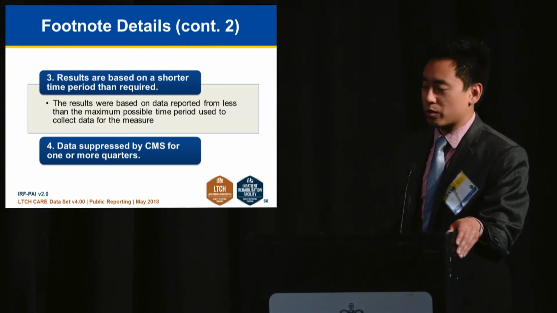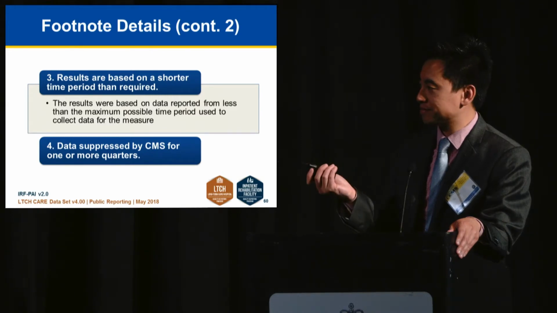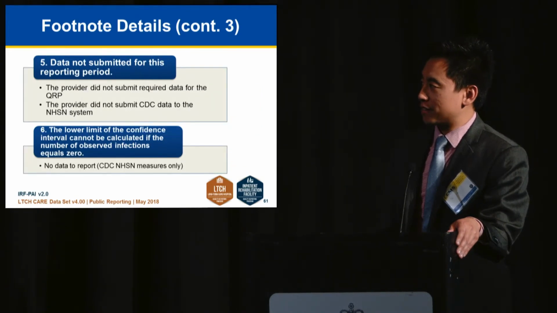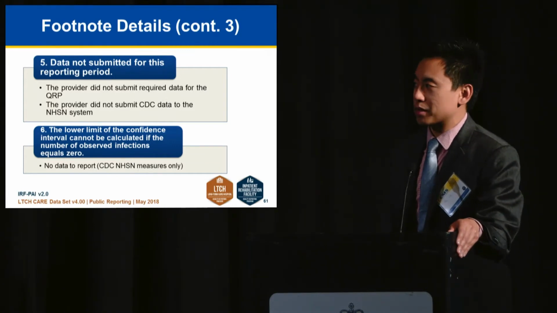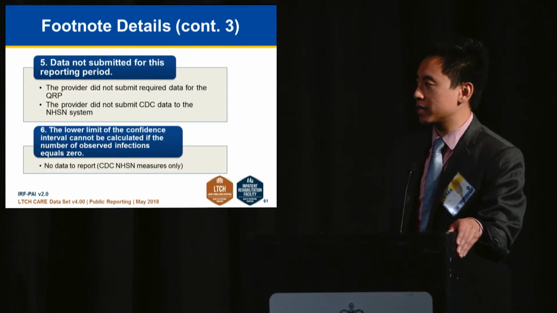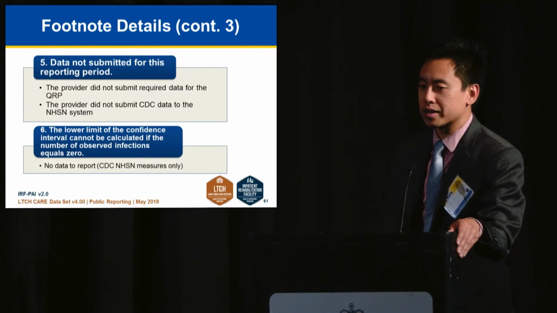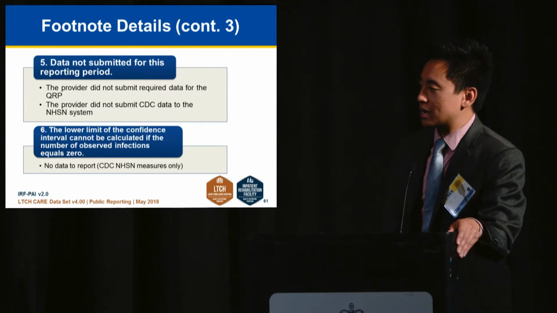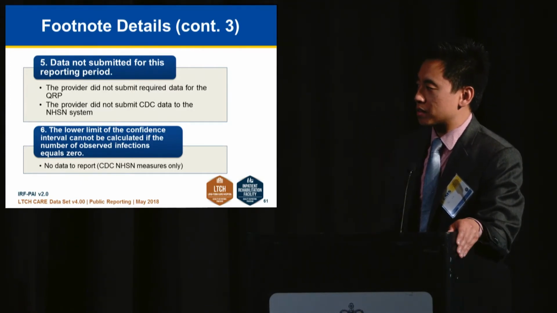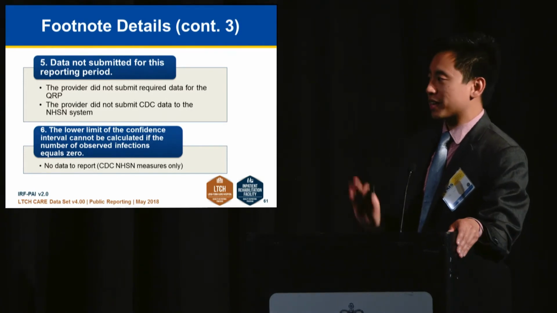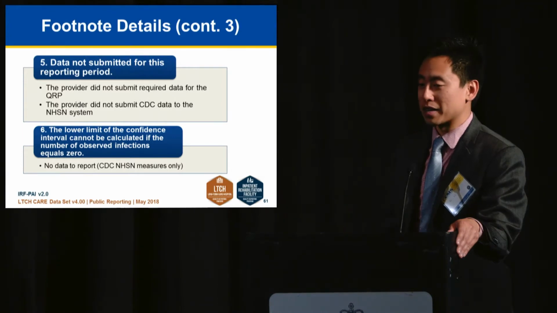Footnote number 4 is when data suppression by CMS happens. Number 5, data not submitted for this reporting period. So the provider did not submit required data for the QRP, or the provider did not submit CDC data to the NHSN system. Number 6 is CDC specific. So if your number of observed infections is equal to 0, then the lower limit of the confidence interval cannot be calculated.